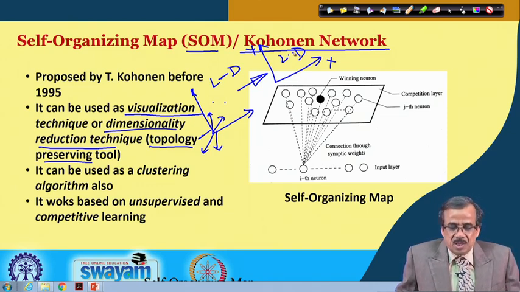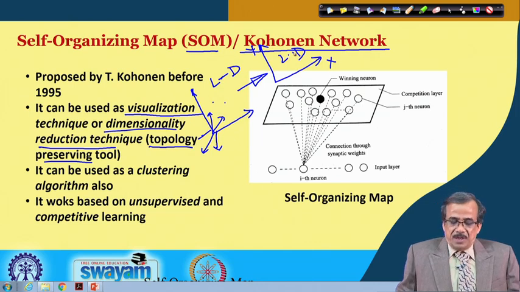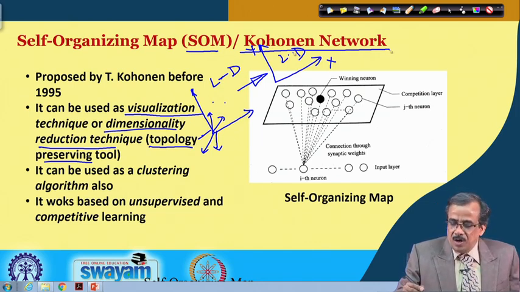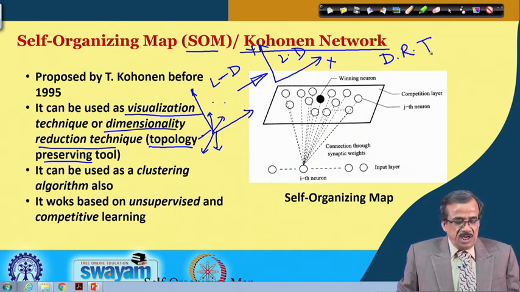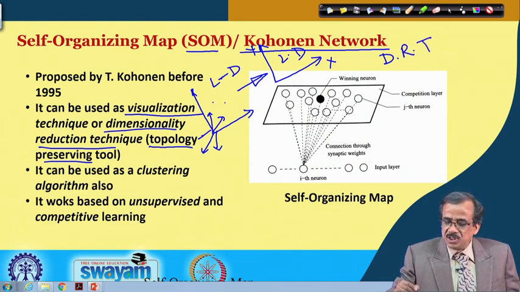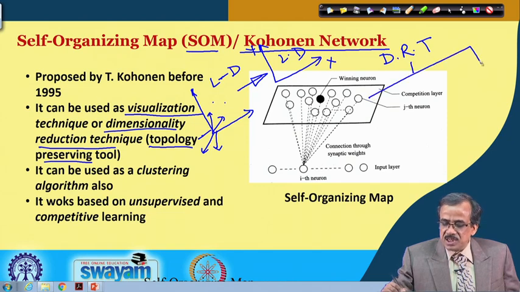Now, if you see the literature, there exist a large number of techniques for this dimensionality reduction. These dimensionality reduction or visualization techniques, say DRT, can be classified into 2 groups.